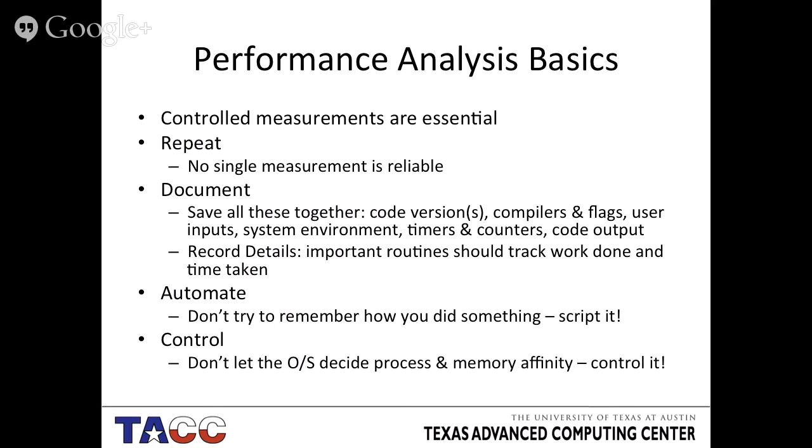In this regard, it's important that you try to automate all these things. It's hard for you to go ahead and every time you run something write on a piece of paper, I use this compiler, I use these flags, I use these environmental variables. Try to script all of these so that every time you run, you already collect the information automatically and you don't have to deal with that problem.